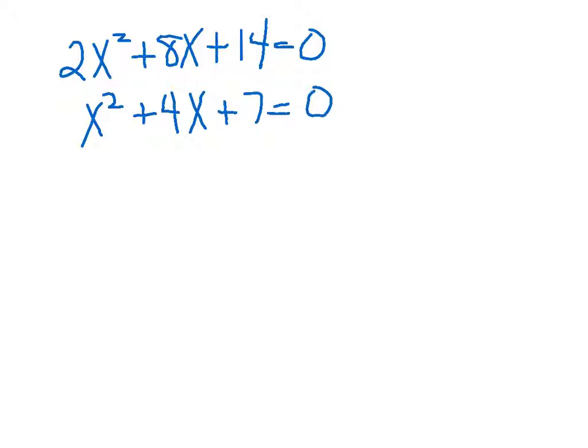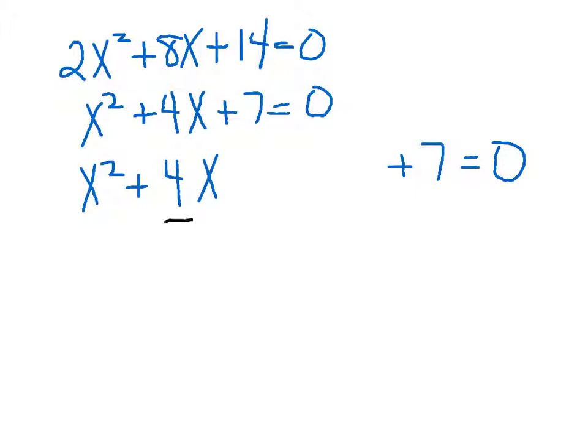Now, I want to go ahead and complete the square. So x squared plus 4x plus 7 equals 0. And I need to take half of this middle term, 2, square it, 4, and then add and subtract that same number.